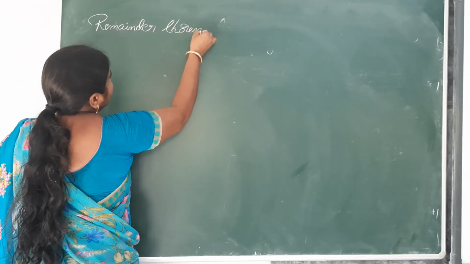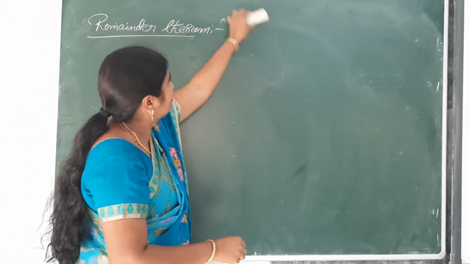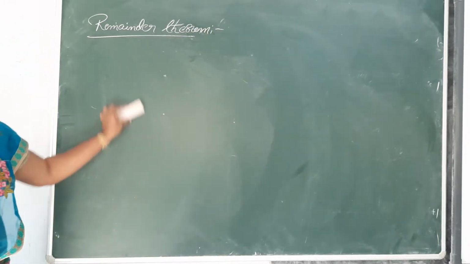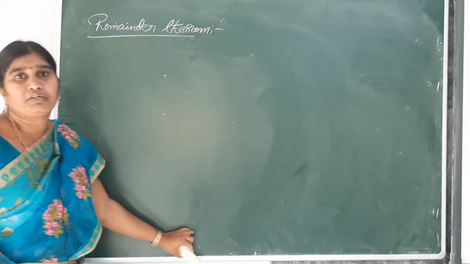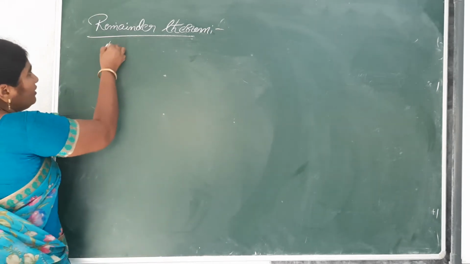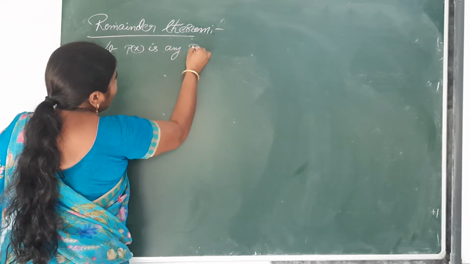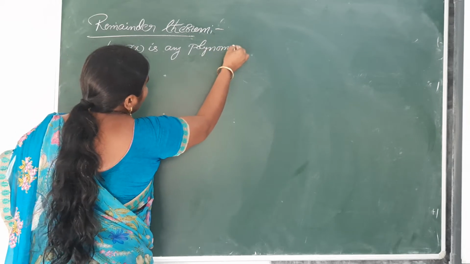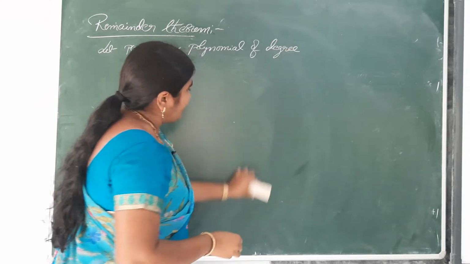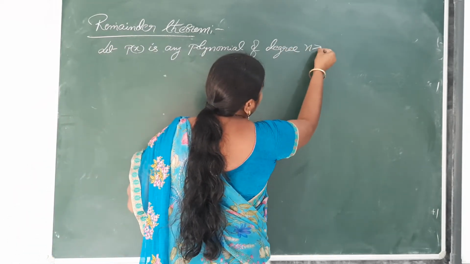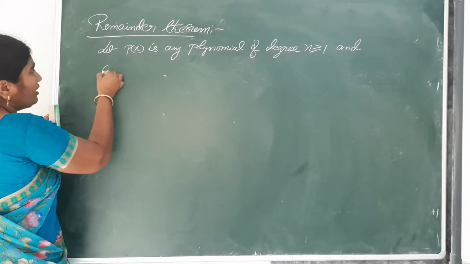Important theorem, the remainder theorem. Let p of x be any polynomial of degree greater than or equal to 1, and a is any real number.